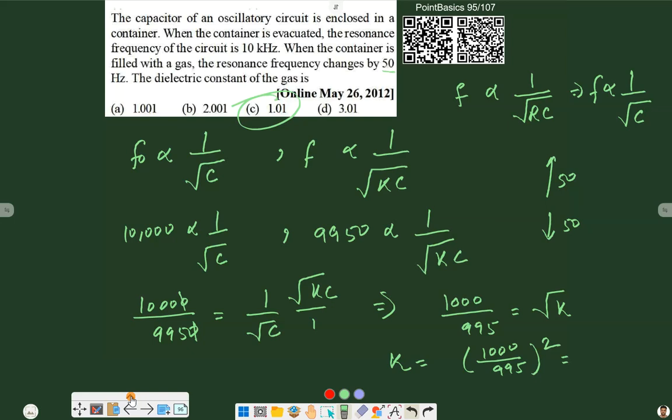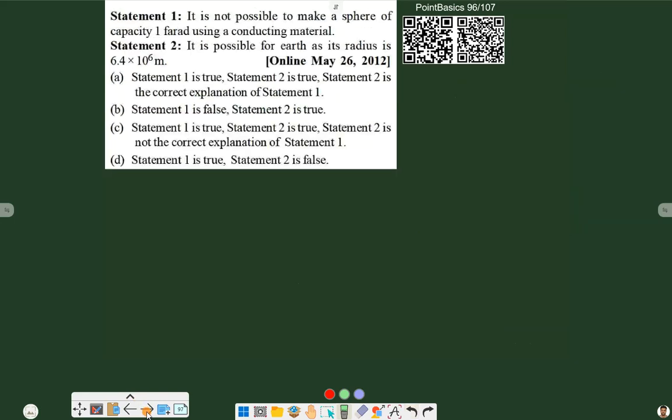Moving to the next question. Statement 1: It is not possible to make a sphere of capacity 1 farad using a conductor material. Statement 2: It is possible for Earth as its radius is 6.4 into 10 raised to power 6 meter. Now in this question, both mentioned objects are spheres.